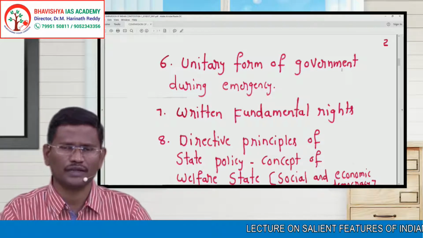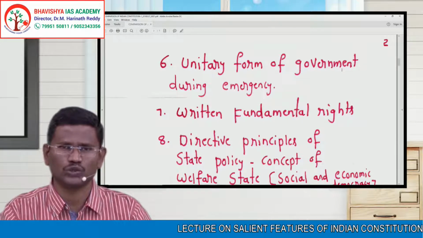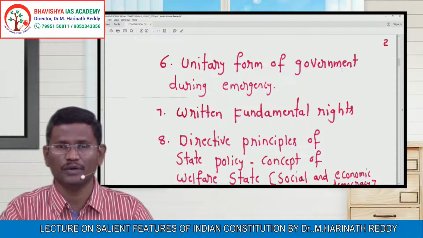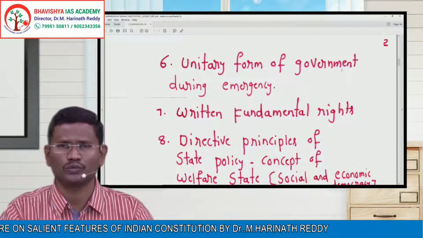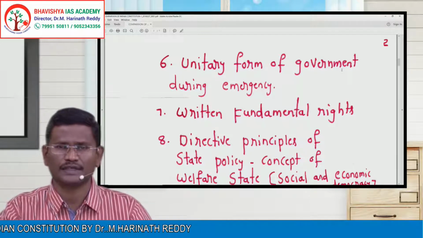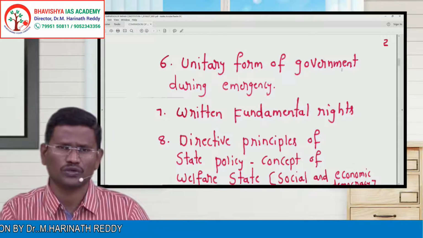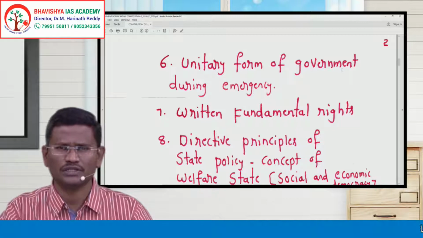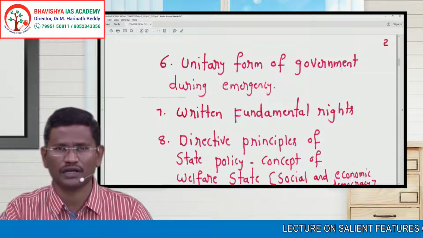The governments can become autocratic and dictatorial at some times. So fundamental rights, they act as a limitation on the executive branch and the legislative branch. But during emergency, the fundamental rights can be suspended for a temporary period.